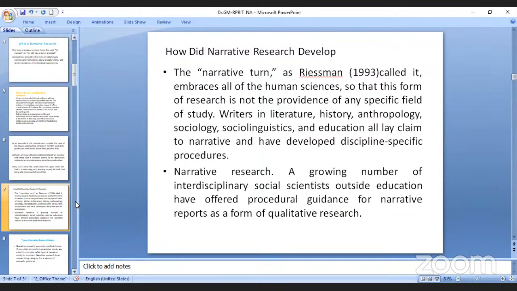A combination of more than 2 disciplinary subjects like literature, history, anthropology, sociology, psychology, education. Likewise, a growing number of interdisciplinary social scientists outside education have offered procedural guidance for narrative reports as a form of qualitative research. It comes under qualitative research.